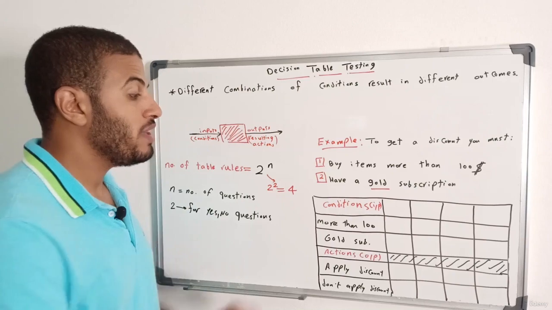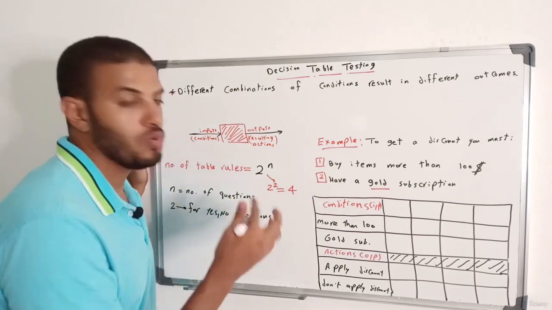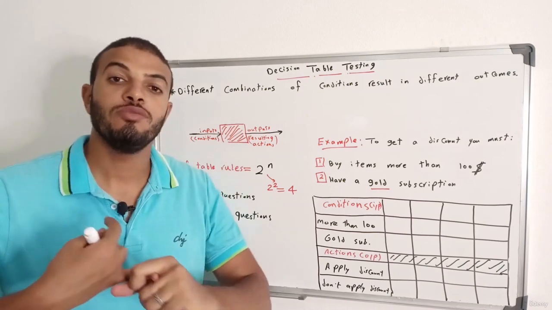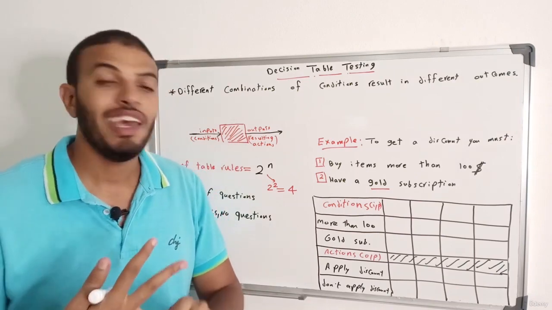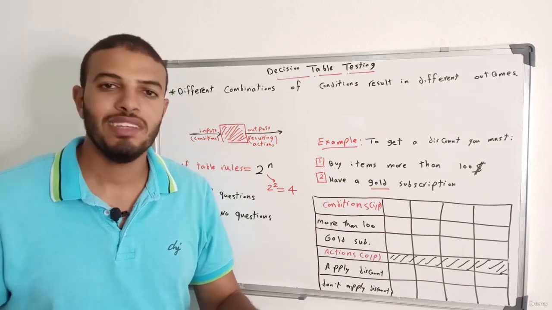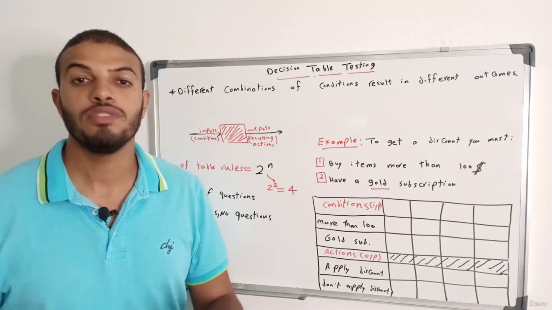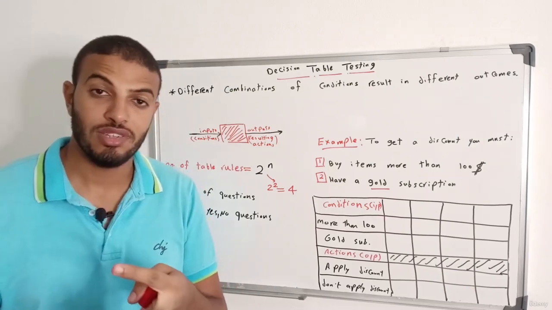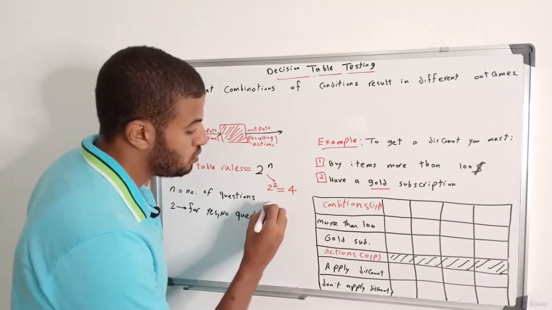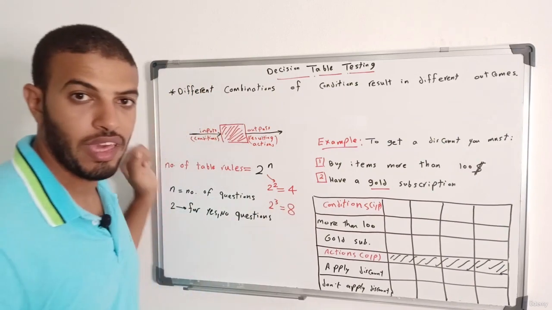Okay, if these were 3 questions, for example, this will change. So for example, if we say you must buy items more than $100, you must have a gold subscription, and for example, you must be a resident of this city, okay, that we are having this discount inside. So these are 3 questions. So here we will have 2 to the power of 3, which is 8, okay?